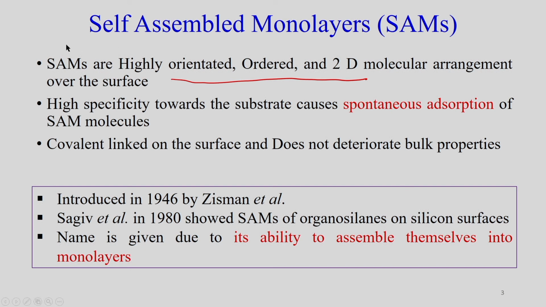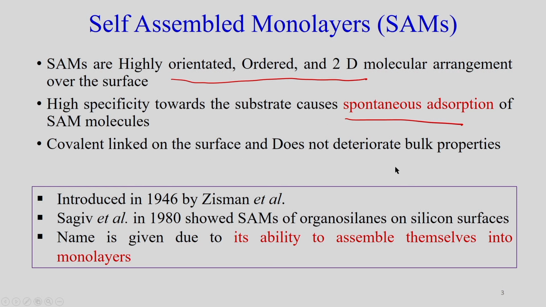These monolayers are formed over a surface and are highly specific toward the substrate. Self assembly means it is a spontaneous process through which the formation takes place, and it may also be covalently linked on the surface.